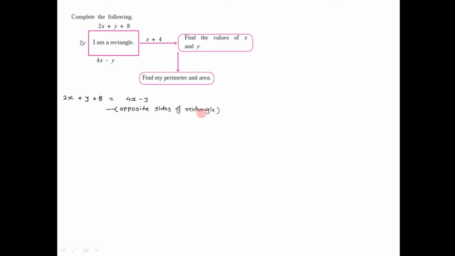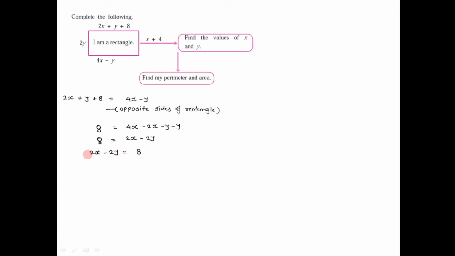If we transfer 2x plus y to the right hand side, we get 8 is equal to 4x minus y minus 2x minus y. 4x minus 2x is 2x, and minus y minus y is minus 2y, equal to 8. So if we rearrange this, we get 2x minus 2y is equal to 8.